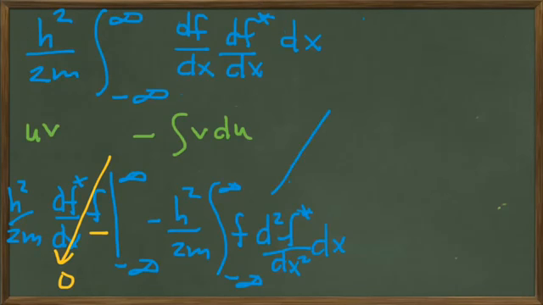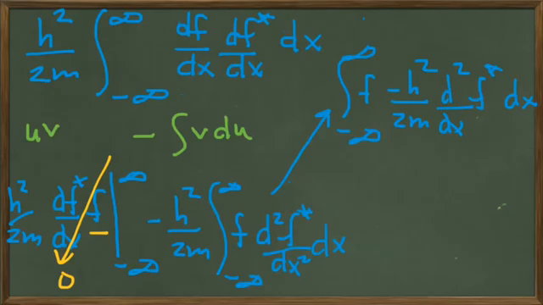We just need to write this in a different form to see that we have what we want. So let's bring that constant inside the integral and group it differently. Let's write it as minus integral between minus infinity and infinity f, and then we'll put the constant h squared over 2m, second derivative with respect to x of f asterisk dx, and we'll put a grouping symbol around this because that is t asterisk.